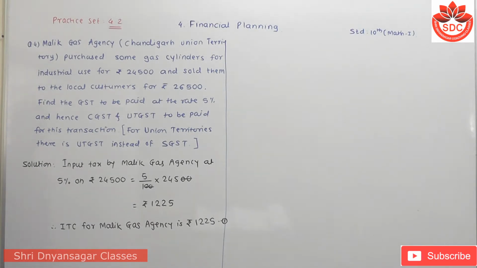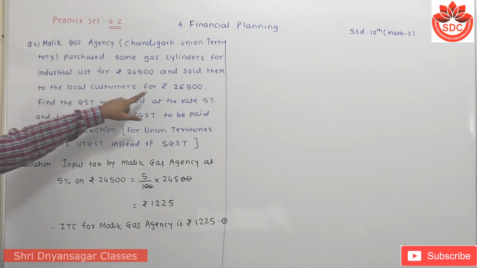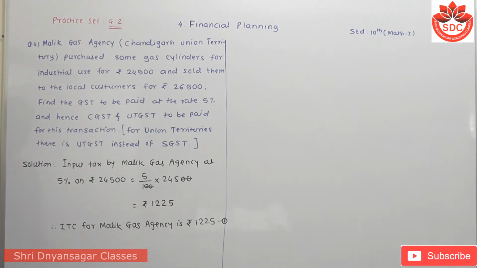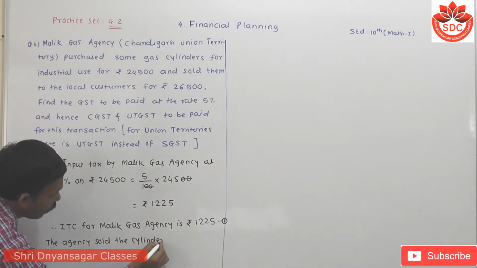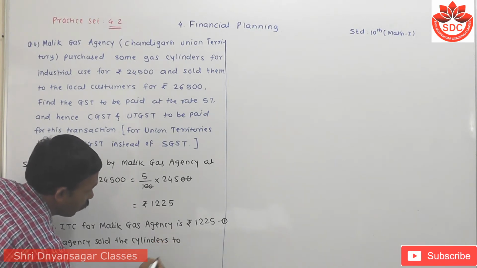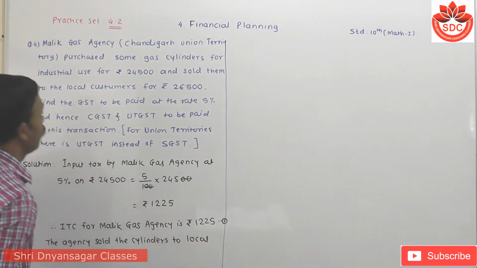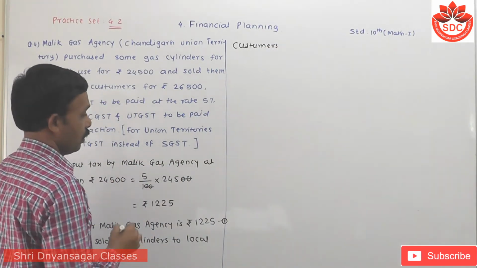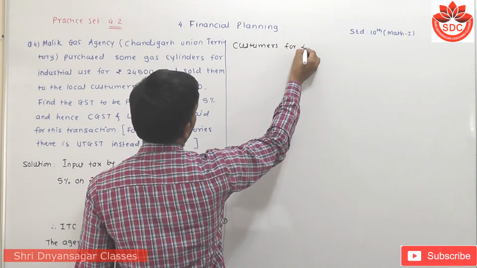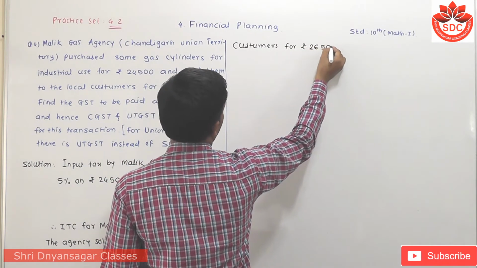Students, then the agency sold the cylinders to local customers for rupees 26,500.